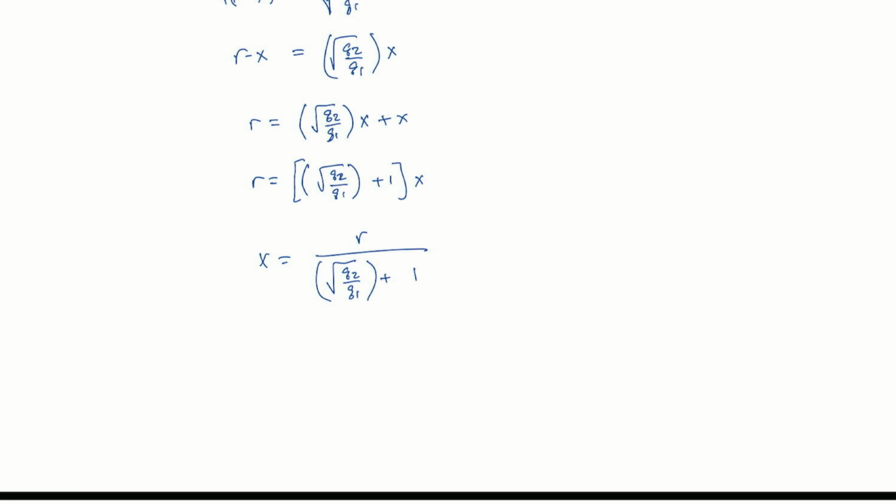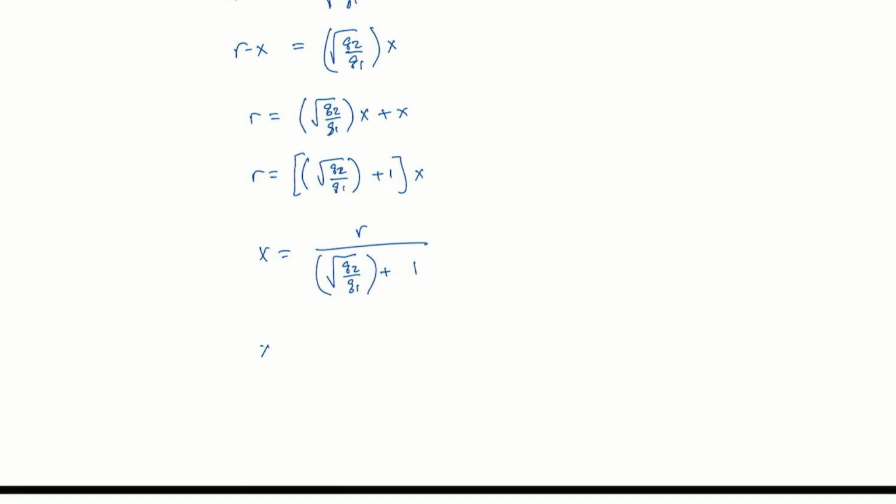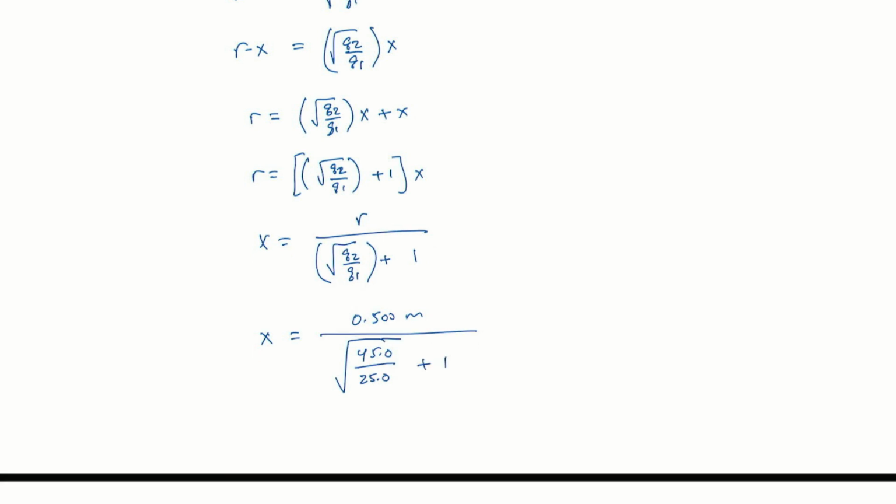Okay, so substituting the numbers, we see R is 0.500 meters. Let's start with Q2. Q2 was 45.0 microcoulombs. Q1 is 25.0 microcoulombs. Units are going to cancel, so I'm not even going to write them down. And then we have plus 1.